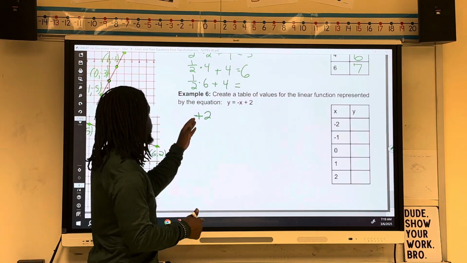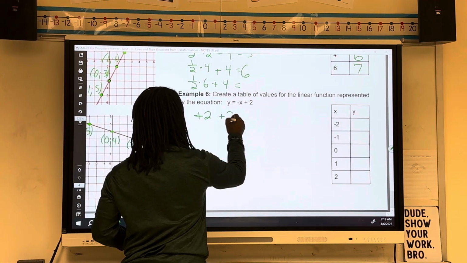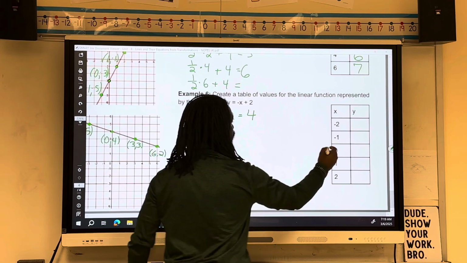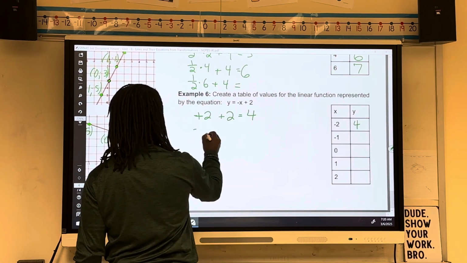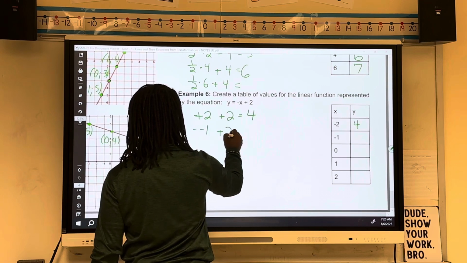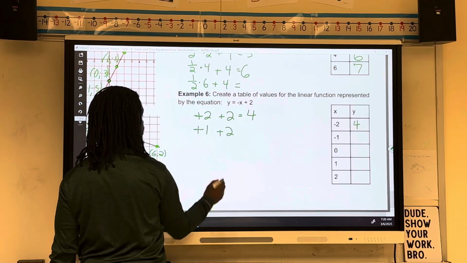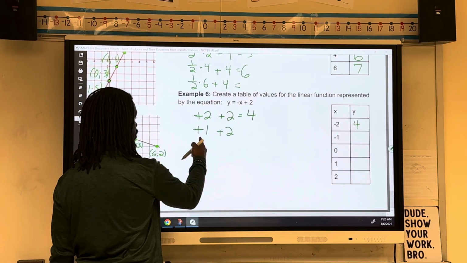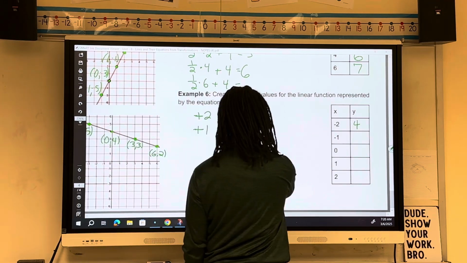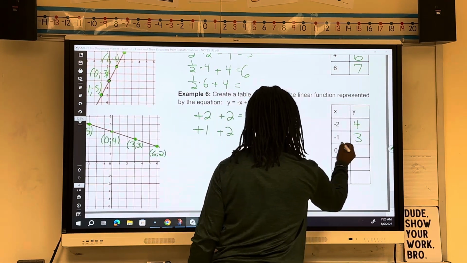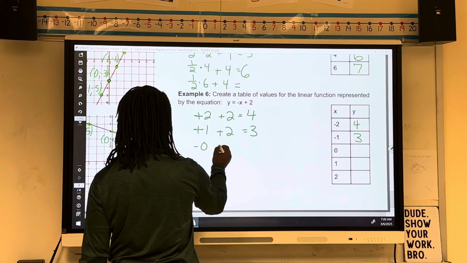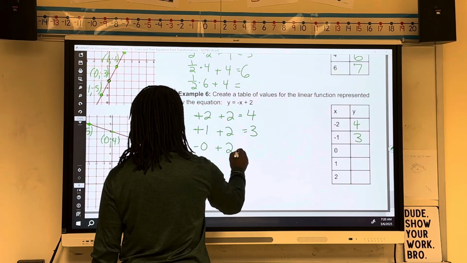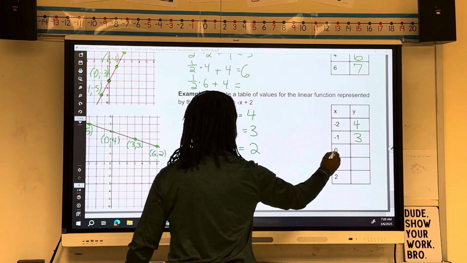So this is actually a +2 plus 2, and that's going to equal 4. And then we got -1 plus 2, again, these two negatives are going to make that positive. So we got +1 plus 2. That's going to give me 3. Then we got a -0. There's no -0, so that's just going to be 0 plus 2, and that's going to equal 2.